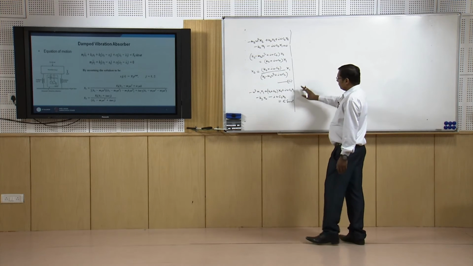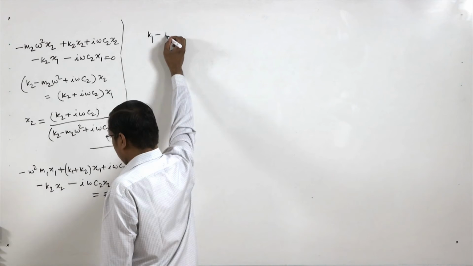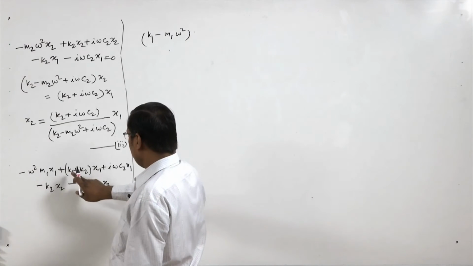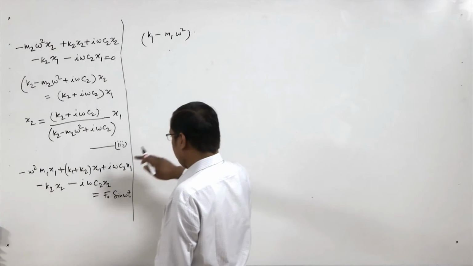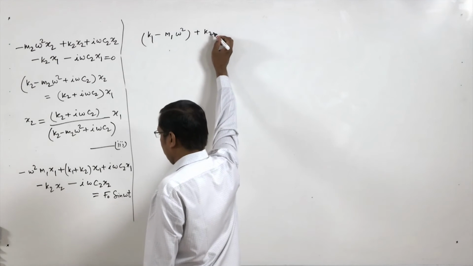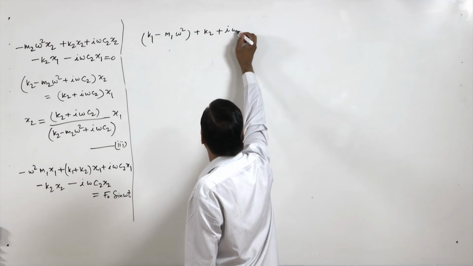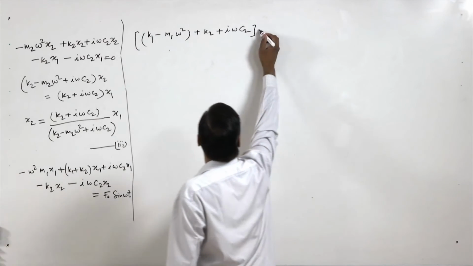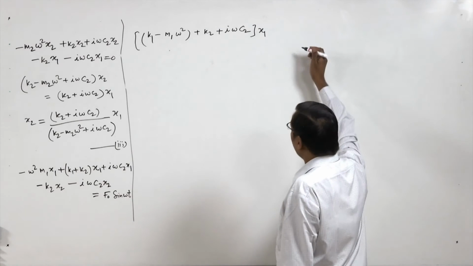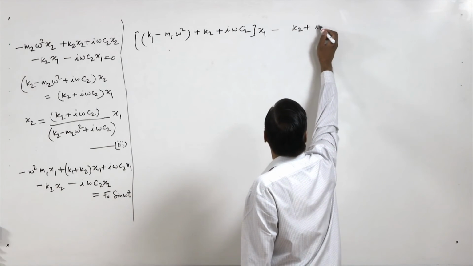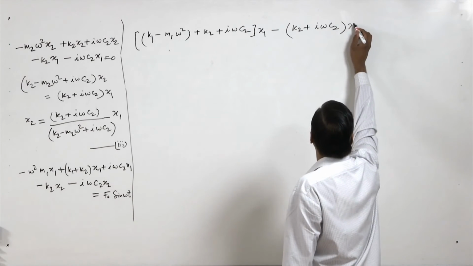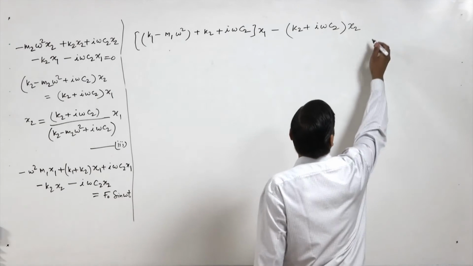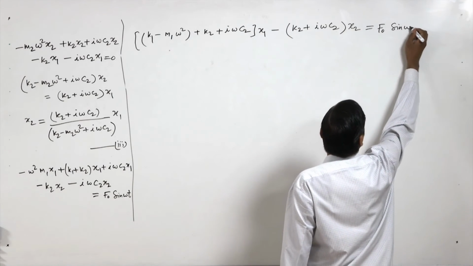So now we can rewrite these terms. So we can write (k1 minus m1 omega square plus k2 plus i omega c2) x1, and then minus (k2 plus i omega c2) x2, that is equal to f0 sin omega t.